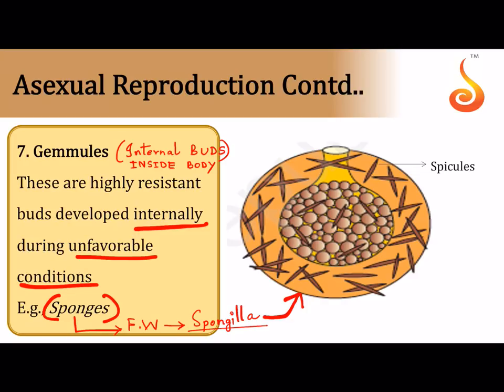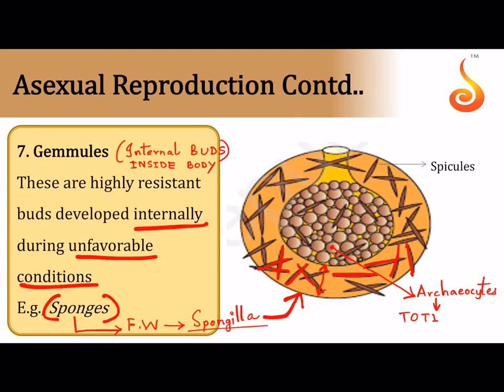See the gemmule. It has a very thick wall with a lot of skeletal, needle-like structures called spicules, which make sure that they don't get dehydrated. And then inside the gemmule, you have these cells. Let us first give them a name, archaeocytes.